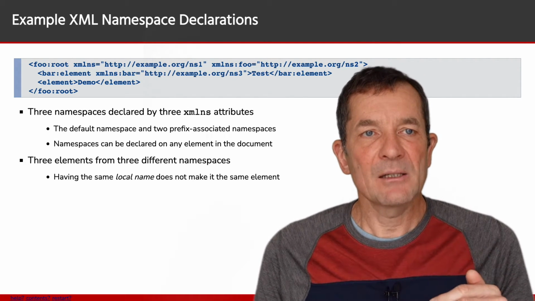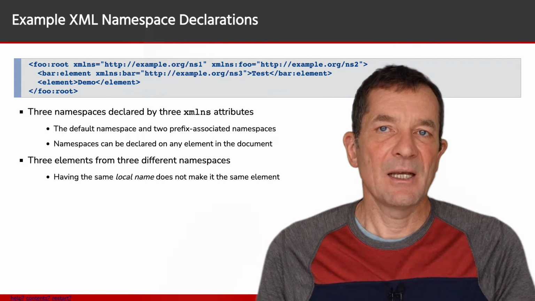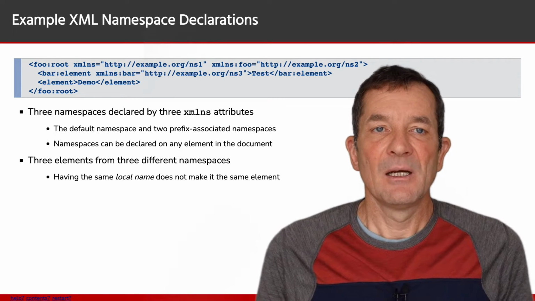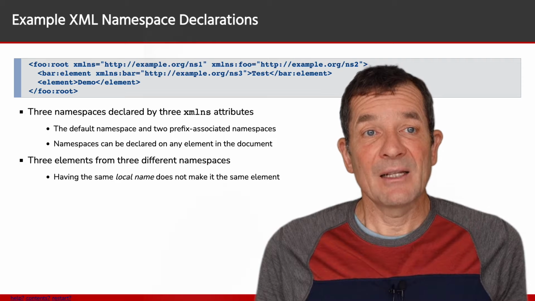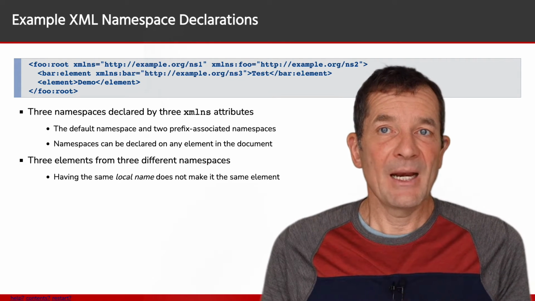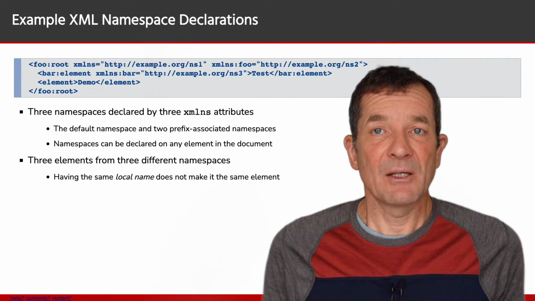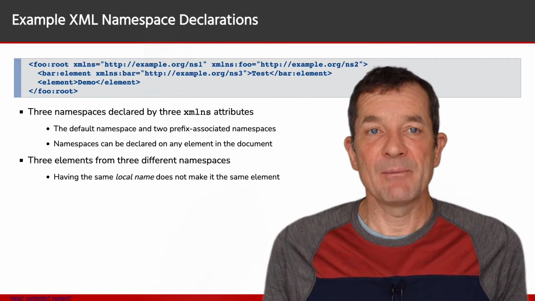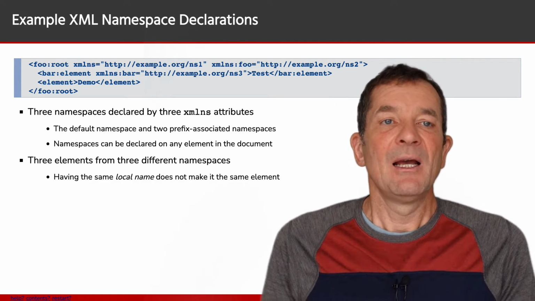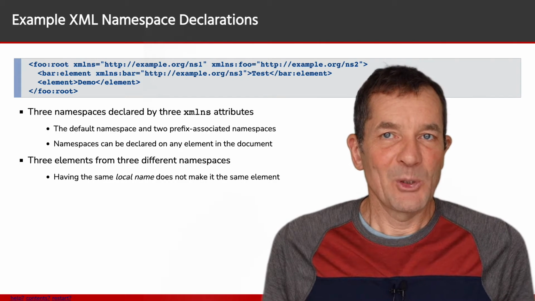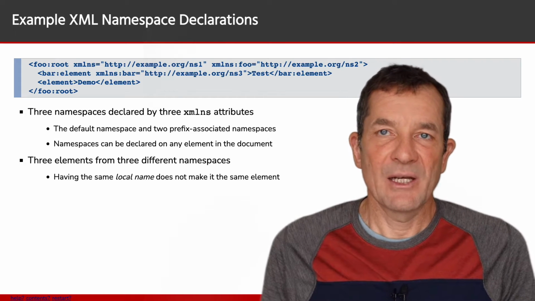So on a child element, in that case, this bar element, and that also is a namespace declaration for this third namespace. And the interesting thing here now already is that we have two elements that have the name element, but they're different elements, because the first one is from the bar namespace, which is associated with that example.org/ns3 namespace, and the second element, called element, is from the default namespace, which is from the example.org/ns1 namespace.